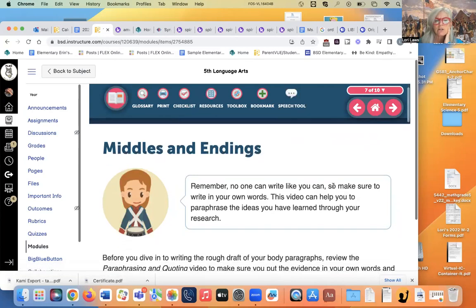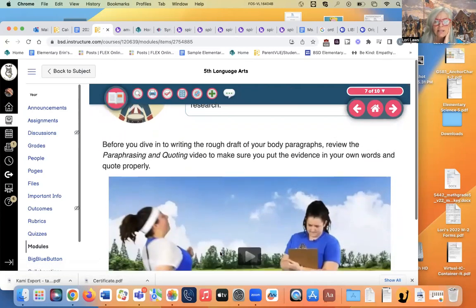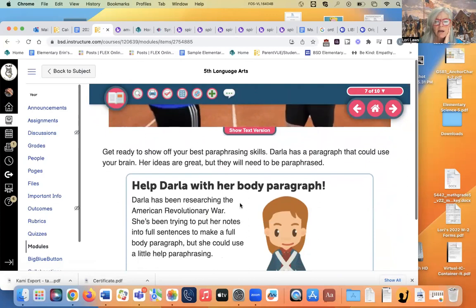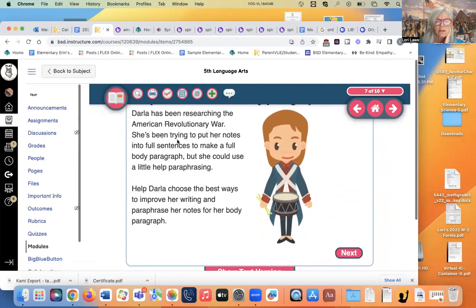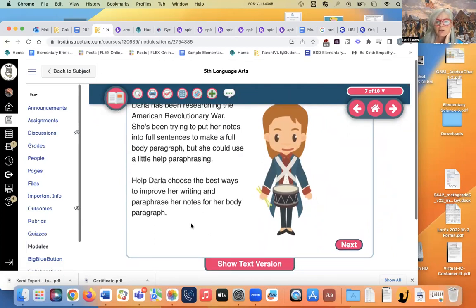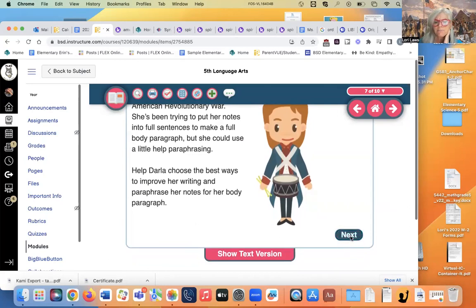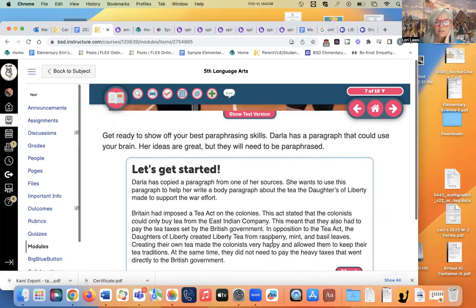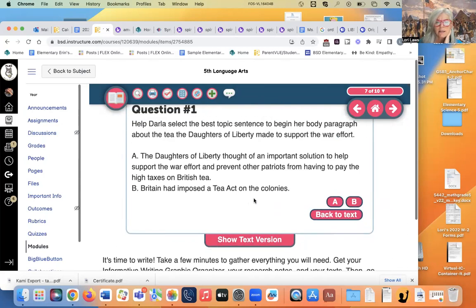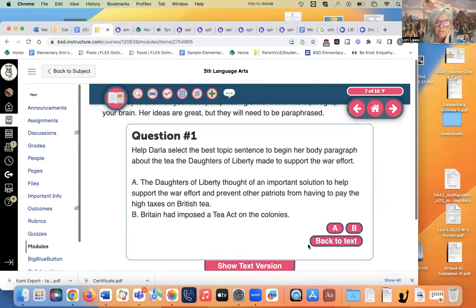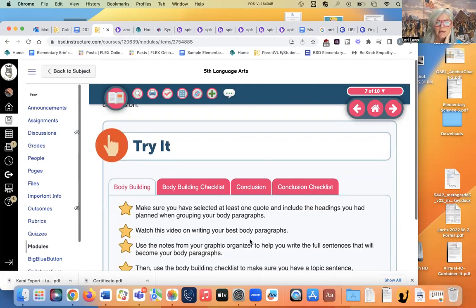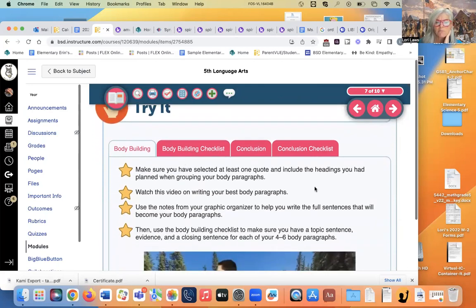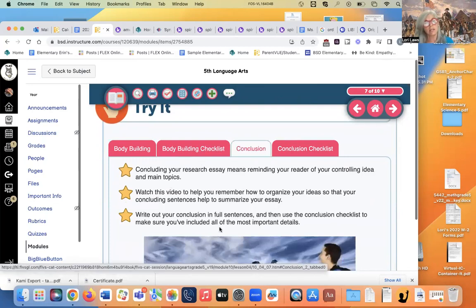On page 7, they start talking about the middle and the endings. So that's pretty fast, but they talk about body paragraphs and what to put in there. She's been trying to put her notes into full sentences to make a full body paragraph, paraphrasing or putting it in your own words. It talks a little bit about how to do the paraphrasing and gives you an example. And then they talk down here about how to build the body of your essay, and the conclusion on this page as well.